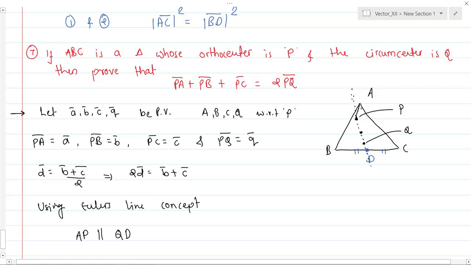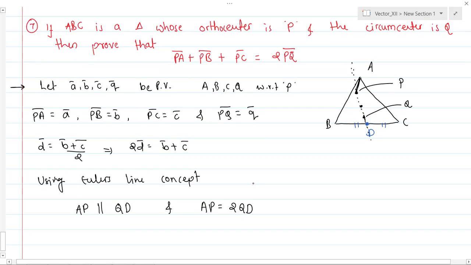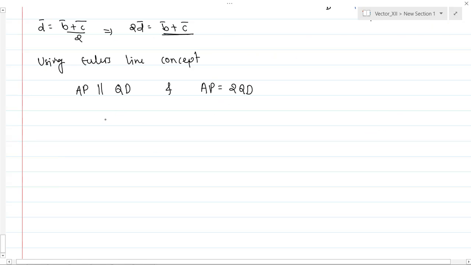So AP bar is parallel to QD bar, they are parallel to each other and they are vector multiples of each other also. And the relation between their lengths is that AP is always 2 times QD. So if I convert into vectors, AP bar is equals to 2 times QD bar.